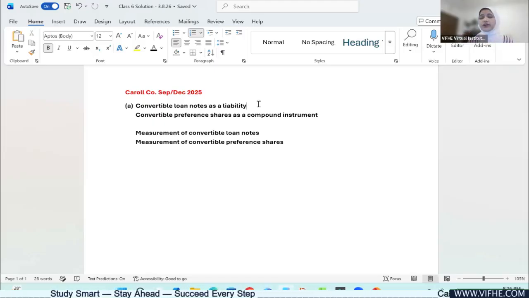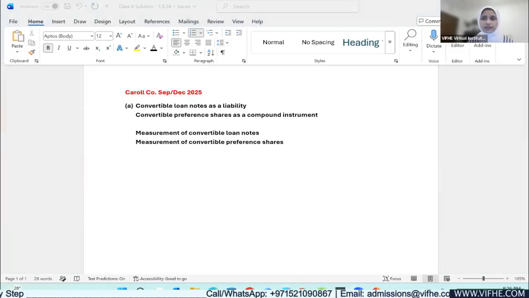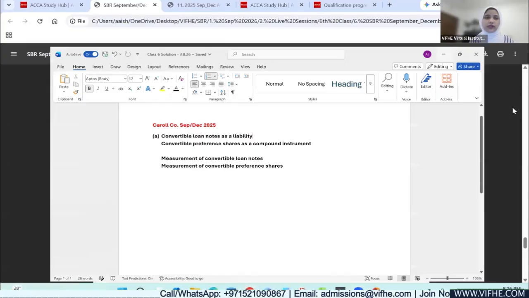What should be there for an instrument to be classified as a liability? Contractual obligation to deliver cash or another financial instrument. Great. Okay, so let's look if that's present or not.